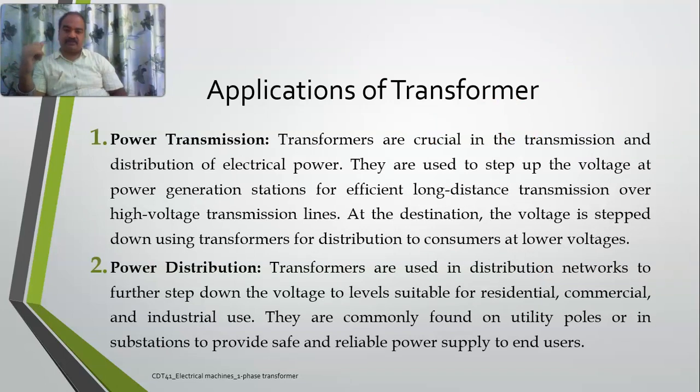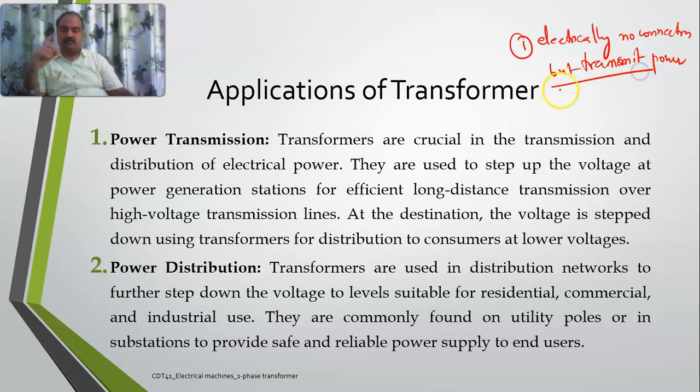And coming to applications of transformer, where it can be used. As already said, there are two things. One is you can transmit power electrically with no connection, but you can transmit power. This is one advantage. The second thing is V and I levels can be varied. So where can you use these applications?